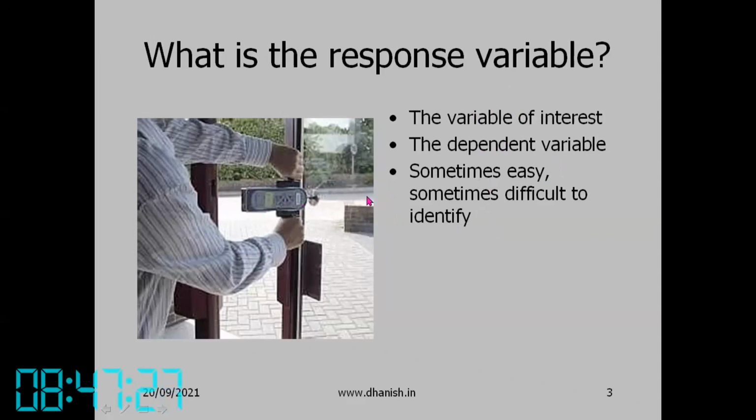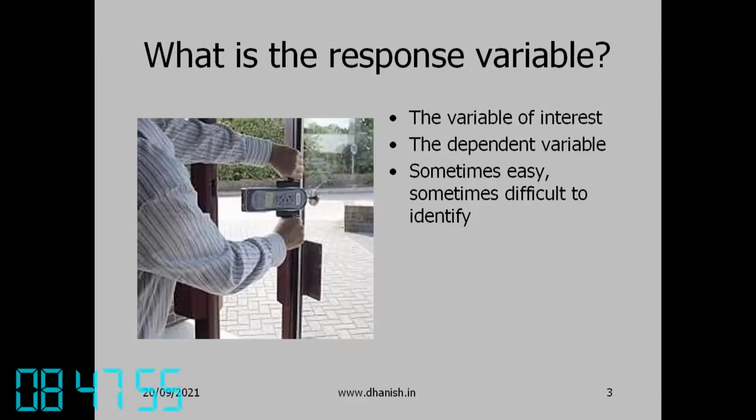So in some cases it is easy, but in many cases it is very difficult. Last year I had some research scholars from architecture engineering. They wanted to test the effect of some paint on comfort in the room. So it is very difficult because you can paint one room, but the comfort depends on weather conditions and the location of the building.